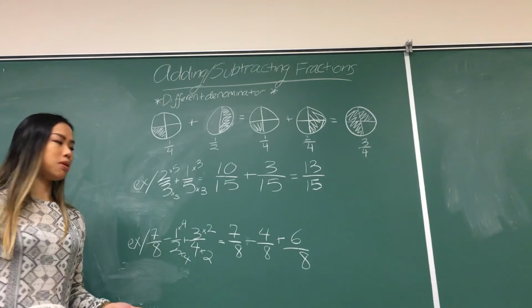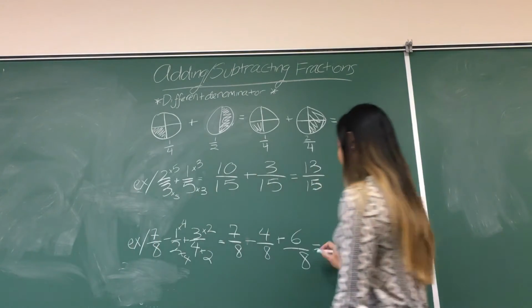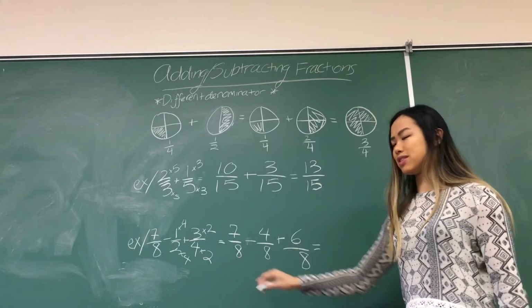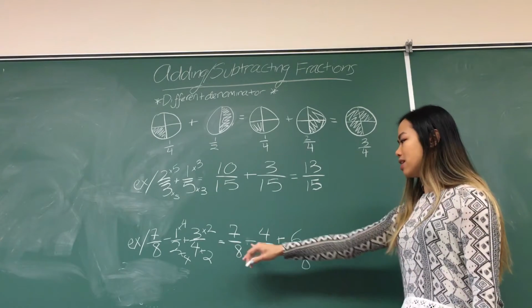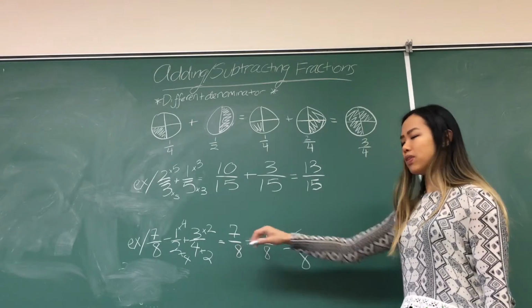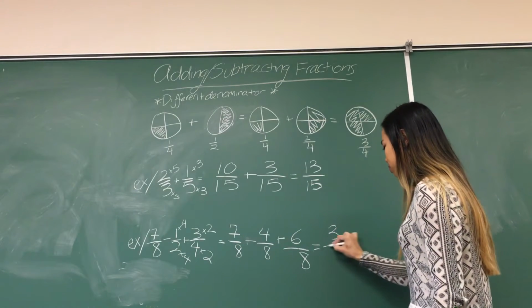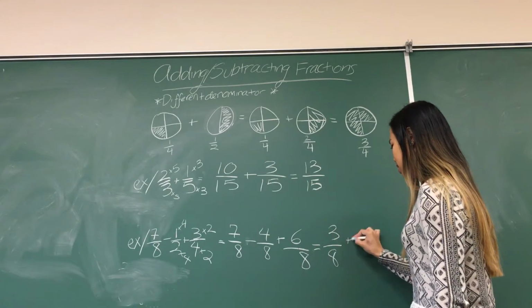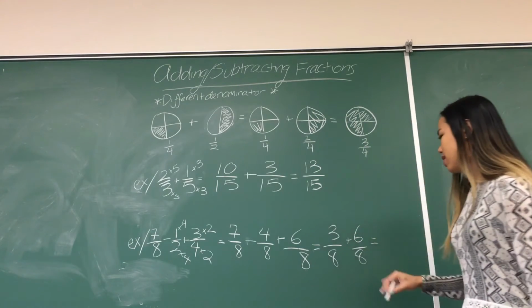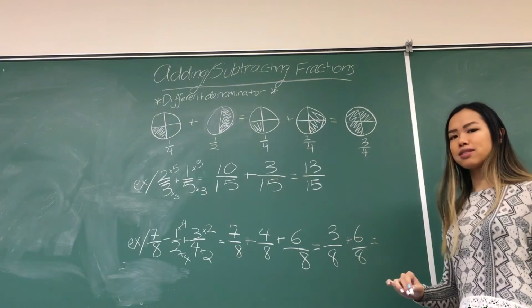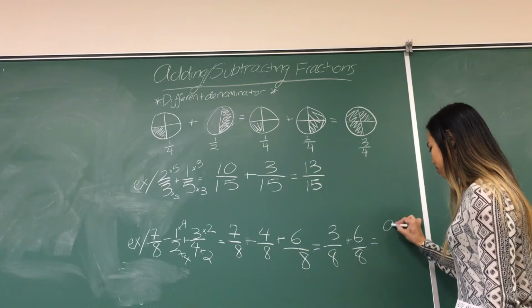So now we can do what we usually do before. Because our denominators are the same now, we'll just do our operations at the top, the numerator. So we got 7 minus 4 is 3. Okay. And then the next part is 3 plus 6 is 9.